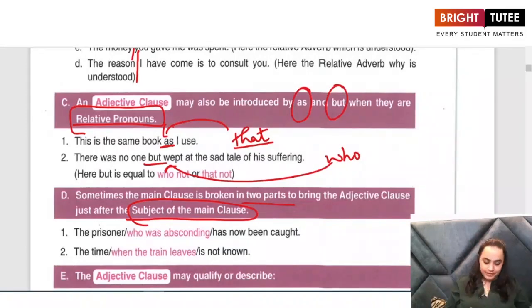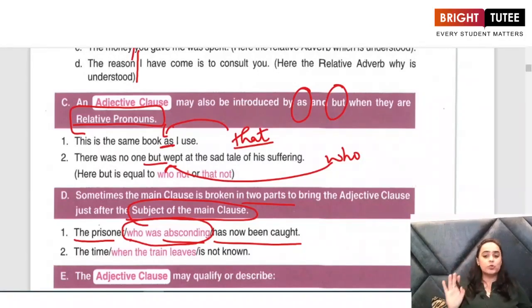For example, the prisoner who was absconding has now been caught. Absconding means who had run away. This sentence could have been, the prisoner has now been caught who was absconding. Even if I write this sentence, it is totally correct. What have I done? I have broken my principal clause in 2 parts so that my adjective clause can be placed immediately after the main noun.